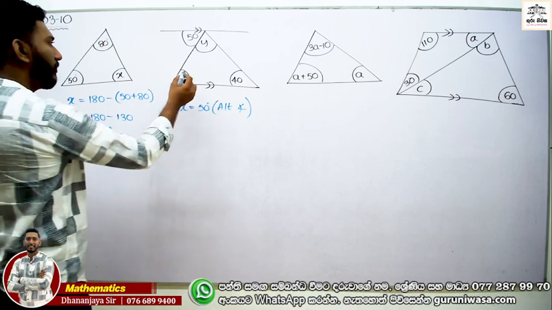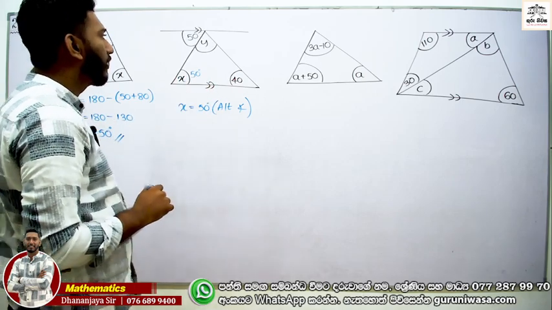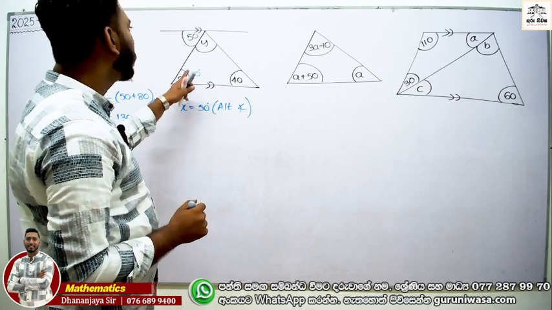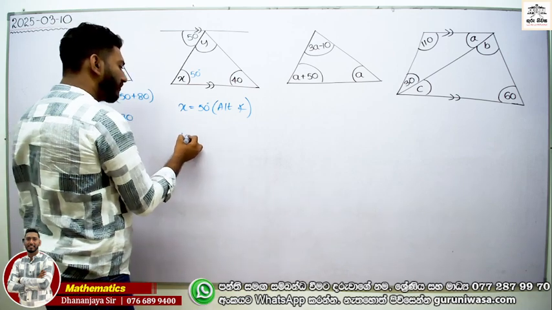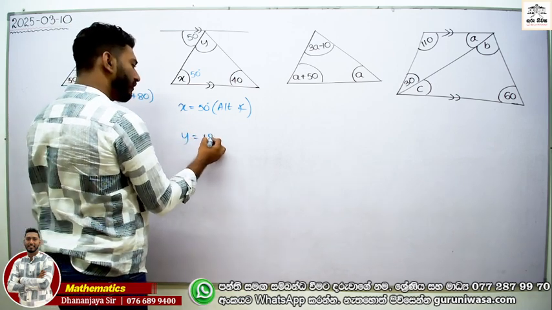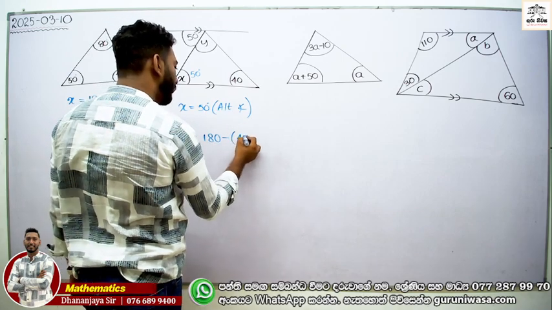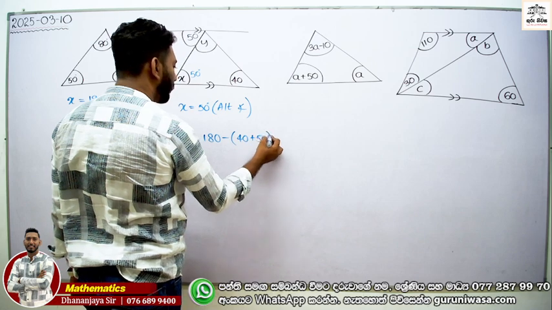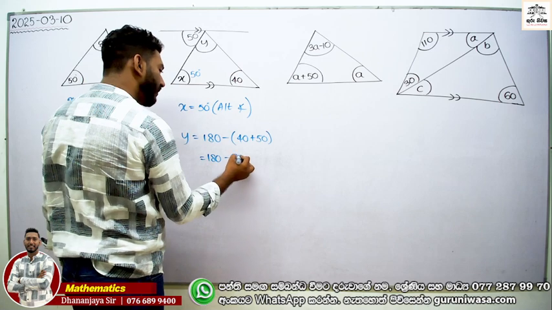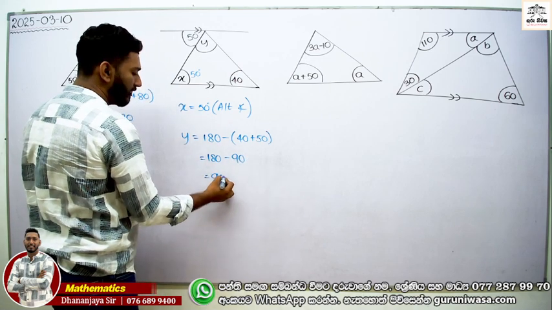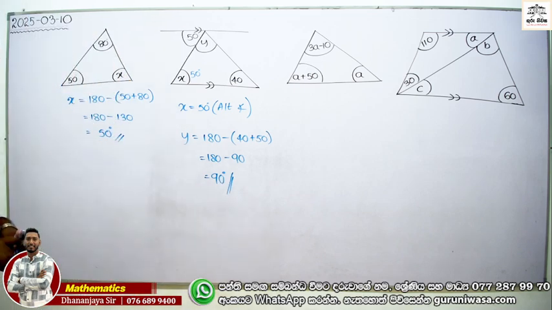Now x becomes 50. And now you know the sum of these three becomes 180. Now you can write y equals 180 minus the sum of these two angles. That one becomes 50 plus 40. Now 180 minus 90. Then finally y equals 90 degrees. So the answer for y is 90 degrees.